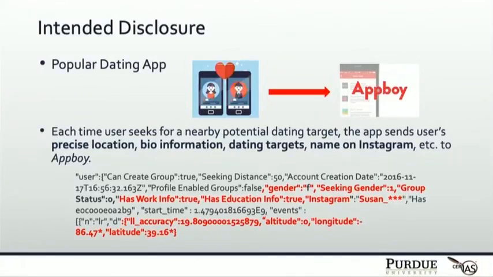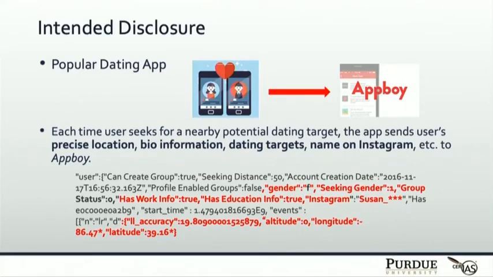So as shown in this example, it's an intended disclosure case. Here is a popular dating app, and it integrates a third-party library called AppBoy. Every time the user seeks a nearby potential dating target, this app will send the user's precise location, bio information, and the dating target's name on Instagram to the third-party library.